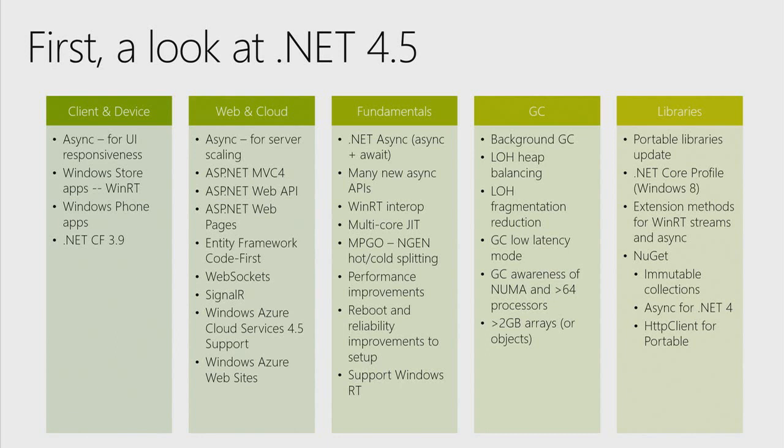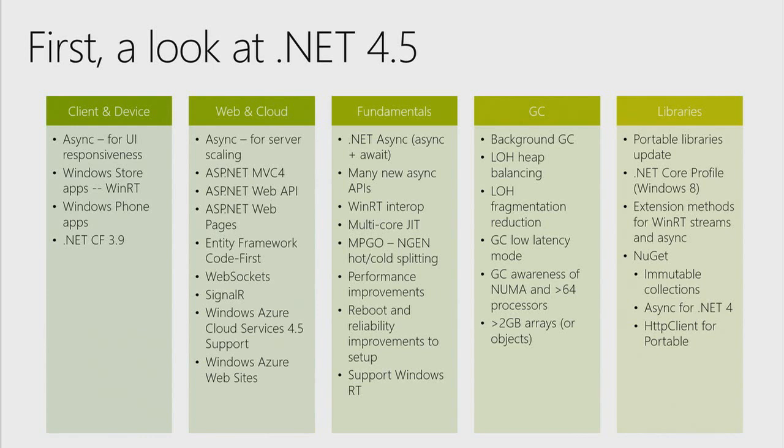We just released .NET 4.5.1 about 12 months ago or so, and that was a very significant release for us. In fact, if you look at the table on this slide, you'll see that we invested across the client and the device, the web, the fundamentals, libraries, and so forth.